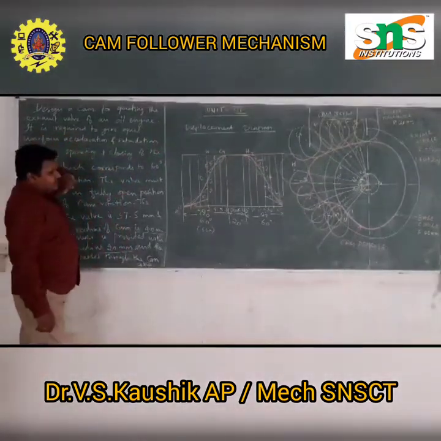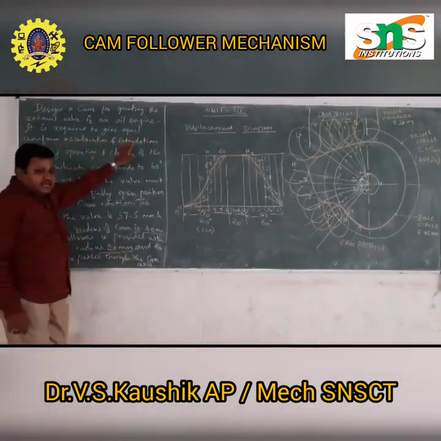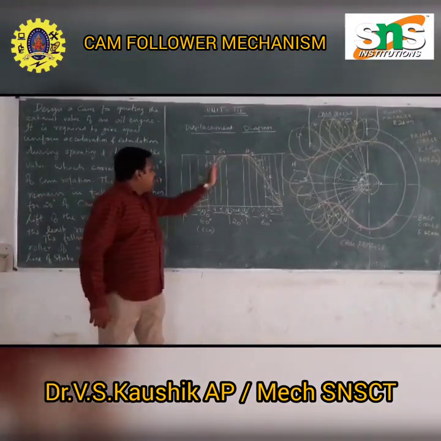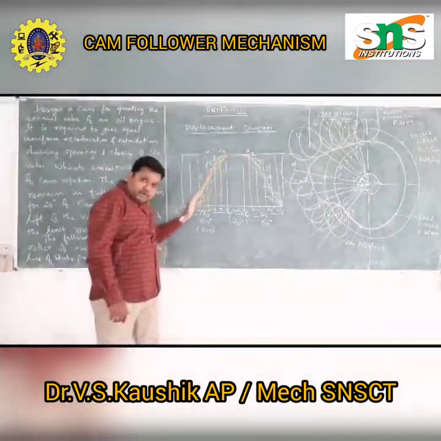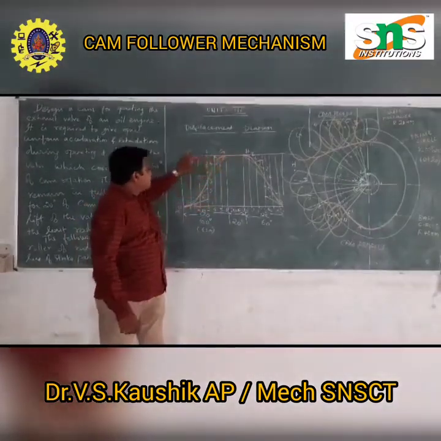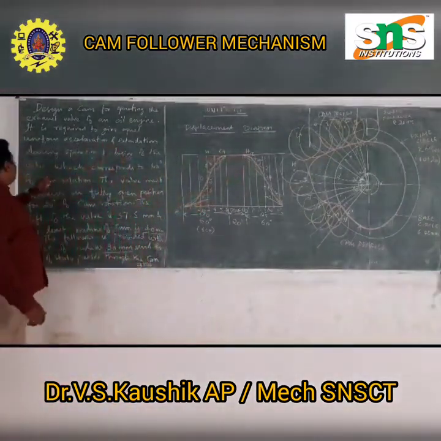It is required to give equal uniform acceleration and retardation. This is uniform velocity, and these are the accelerations and these are the retardations. That is what is given in the problem.